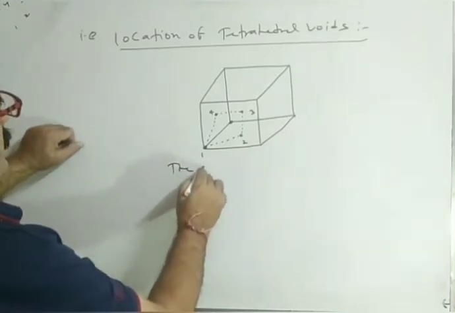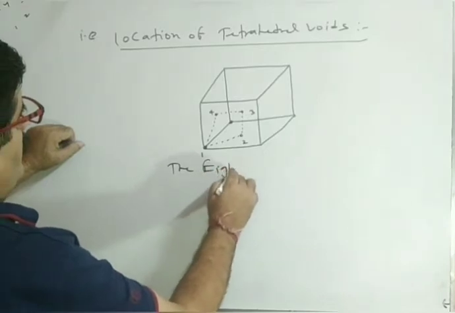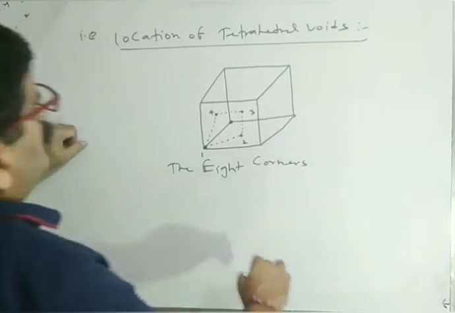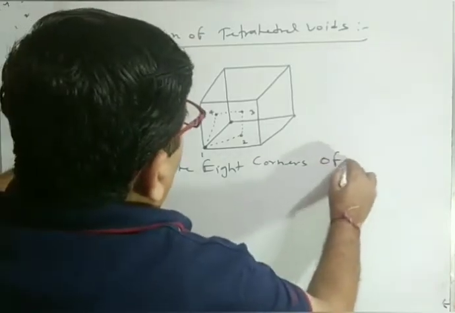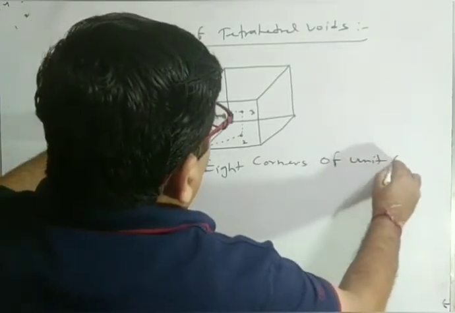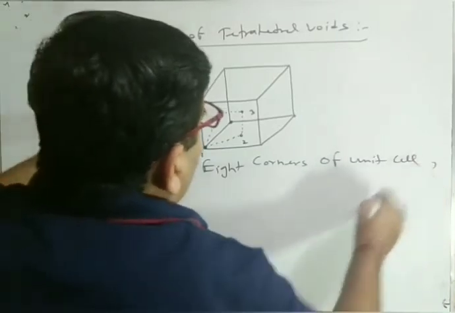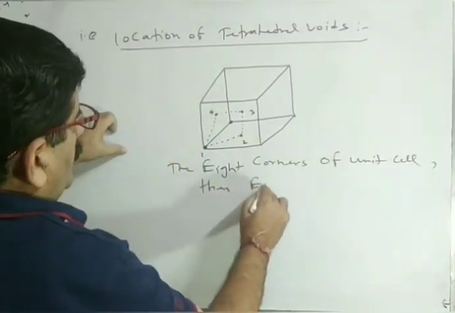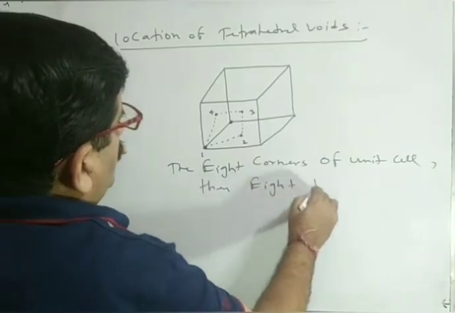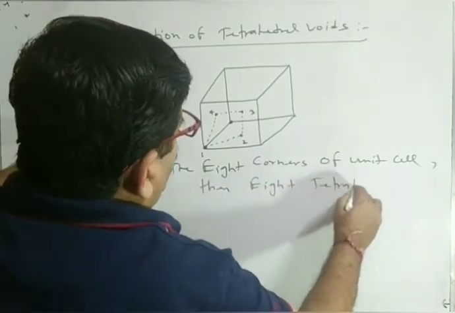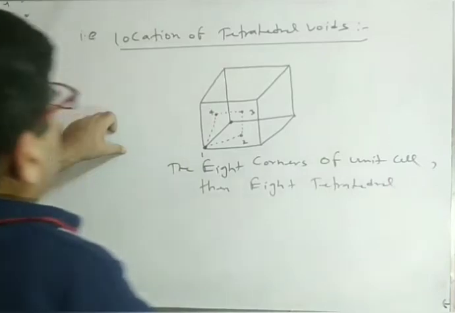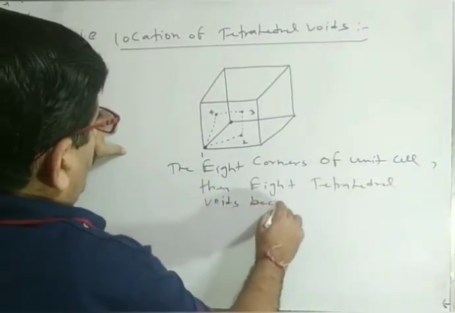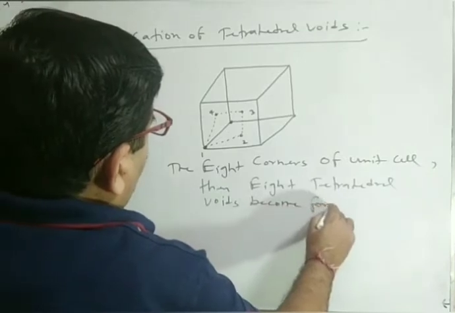The 8 corners of the unit cell, then 8 tetrahedral voids become formed.